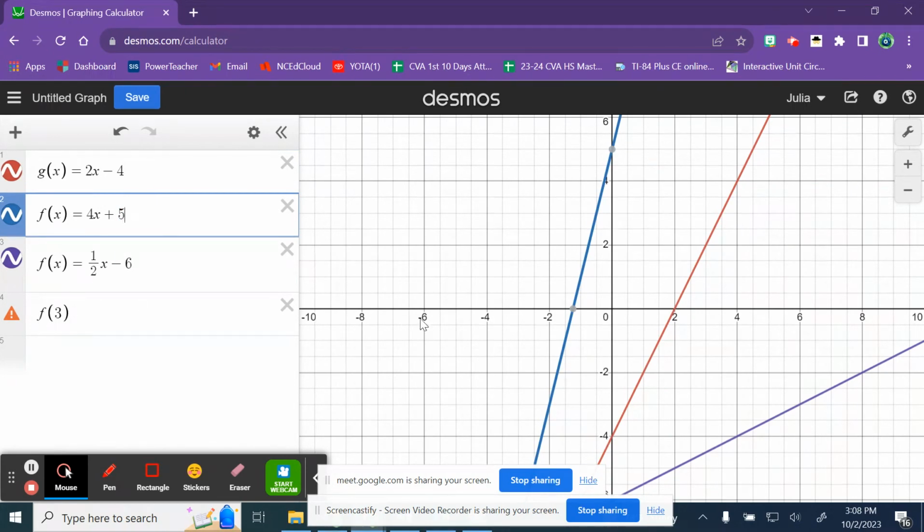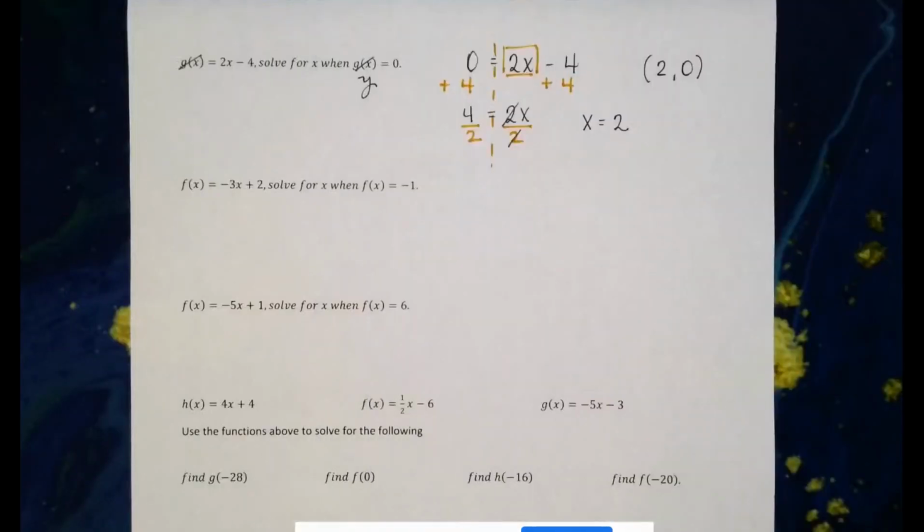But you can also look at f of 3 and go over to 3, the x value, and find which function it would go with. I just think that's fun because then you don't have to do math for those, as long as you can use Desmos fluidly and you know how to communicate with Desmos.